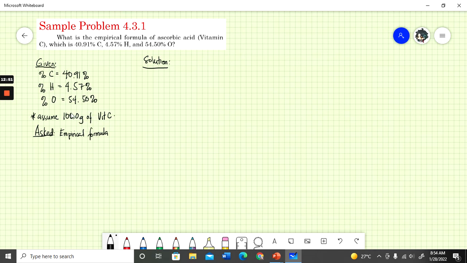Well, if you assume you have 100 grams of vitamin C, then if you remember what percent composition is, percent composition basically tells you how many percent of an atom or a molecule you have in a specific compound based on their masses. So in NaCl, we were able to get 39% and 61% because we based our information on the grams.